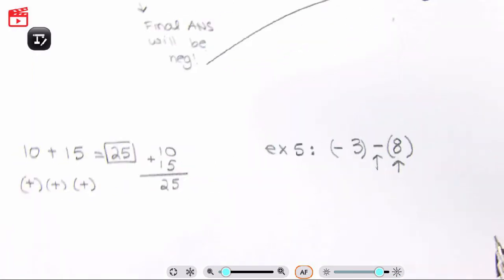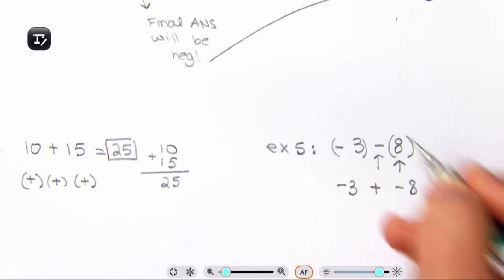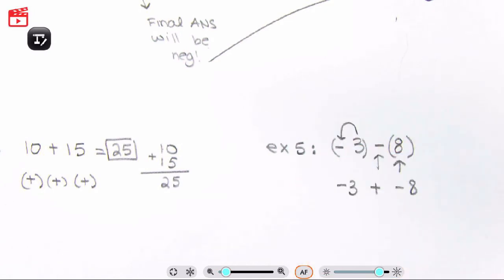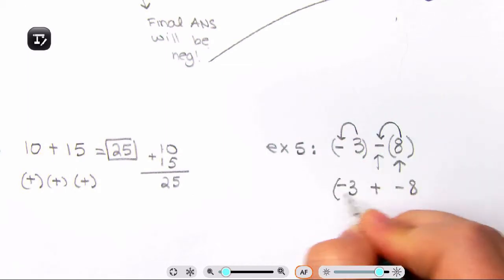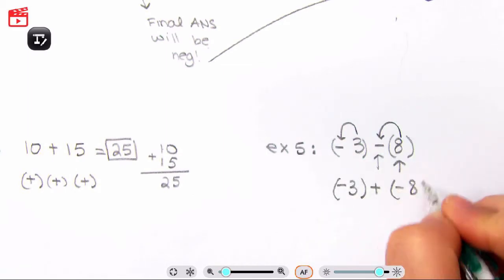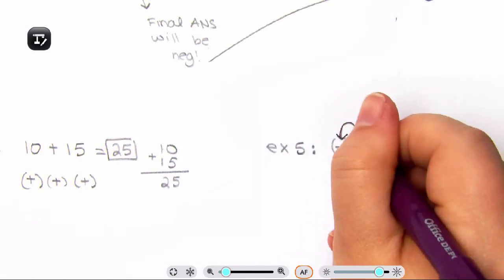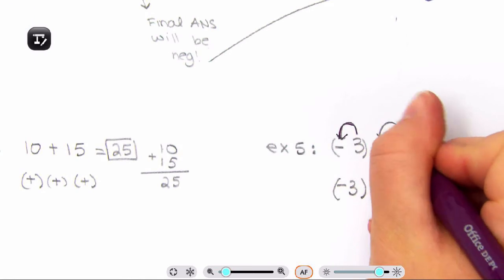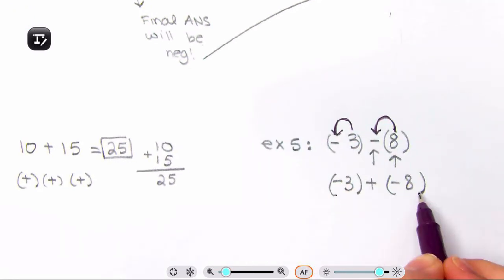I'll show you another way to think of it, but here's negative 3 and negative 8. Do you see how the 3 has the negative in front and the 8 has the negative in front? So this is how you know that you're going to have negative 3 and negative 8. Again, let me show you. 3 has a negative in front and 8 has a negative in front. So you know that you're going to have a negative 3 and a negative 8.